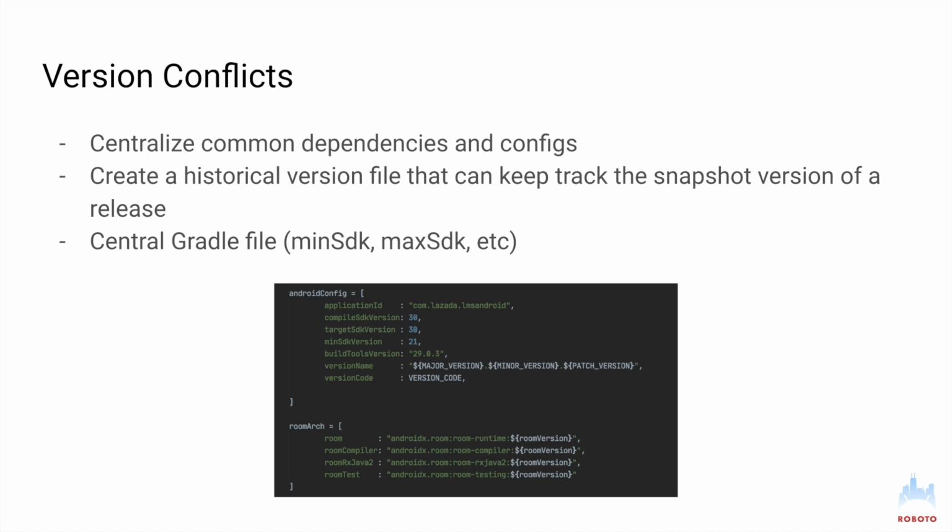This file will centralize the version that you're using of Room and the Android configuration you have, and it will apply module-wise. Still, you can have some exceptions, such as forcing the resolution of a library on Gradle, but the more centralized and common this is for all the modules, the better.